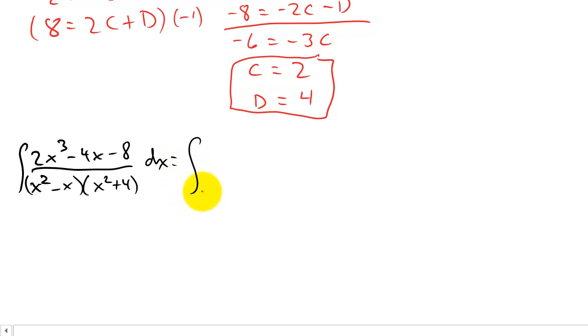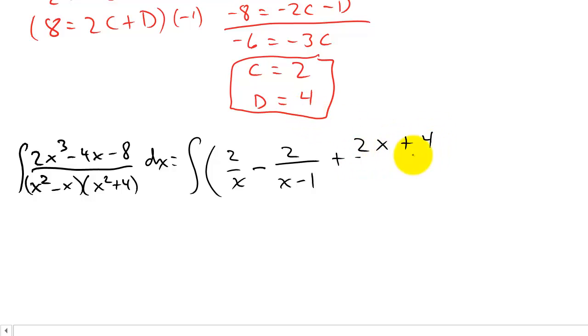And now I'm going to do my partial fractions, and so that's going to be 2 over x, A is 2, plus B over x minus 1, and B is negative 2, so the plus and minus will make a minus, and then that's going to be plus C is 2, so 2x plus, and D is 4, over x squared plus 4 dx.